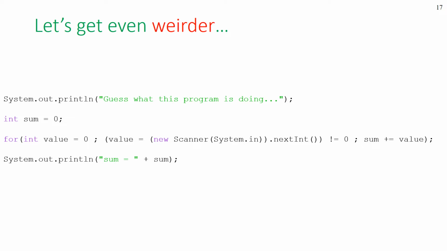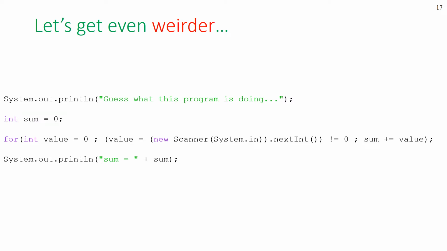And every time I check my condition, what do I do? I create a new scanner object, and this is between parentheses. Hold on. Generally, I do Scanner s equals new Scanner(System.in). So generally, I create a scanner object and I assign its reference to the variable s. Here, I create the scanner object.